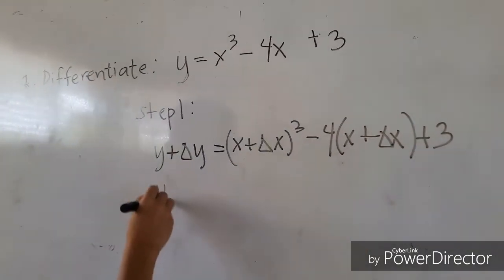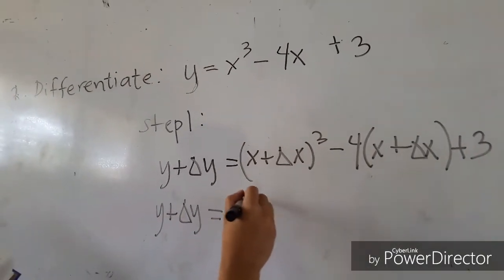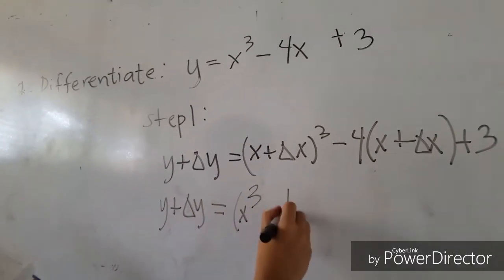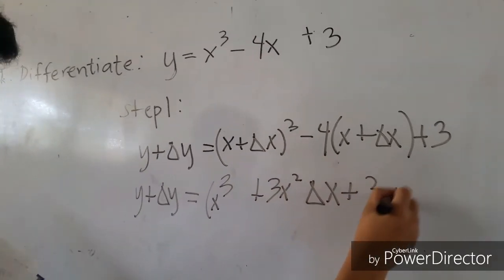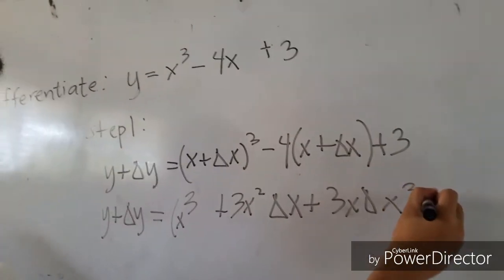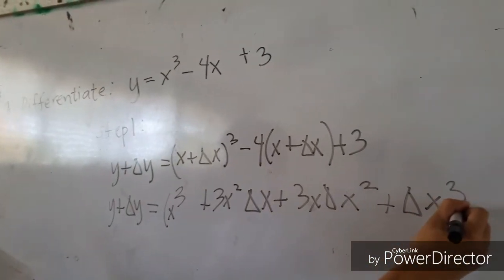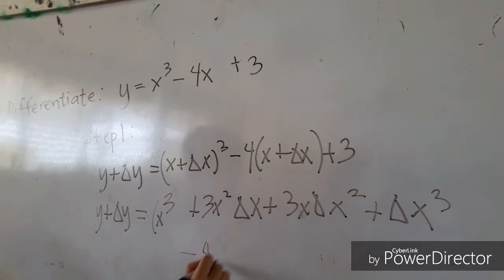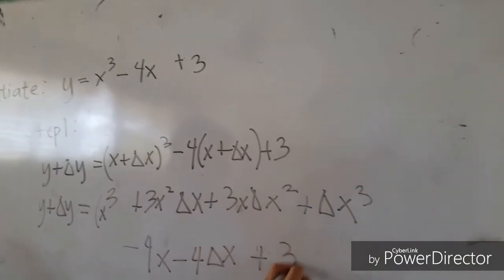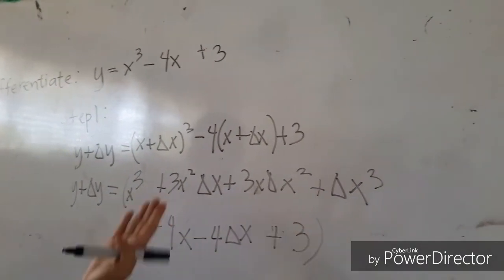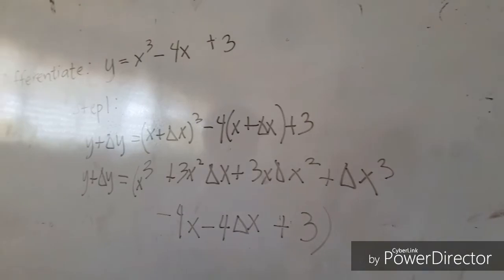Then we simplify. y plus delta y is equal to x cubed plus 3x squared delta x plus 3x delta x squared plus delta x cubed minus 4x minus 4 delta x plus 3. So now, in order to get this, we can use either the FOIL method or the Pascal method. So now this is our simplified form.